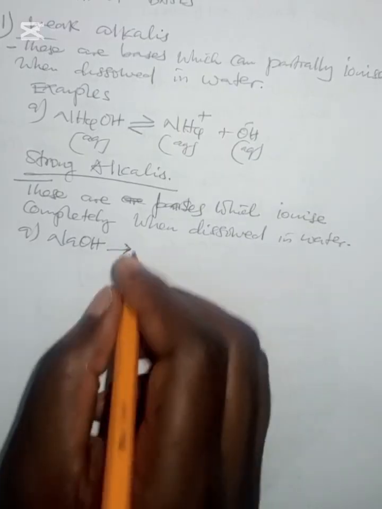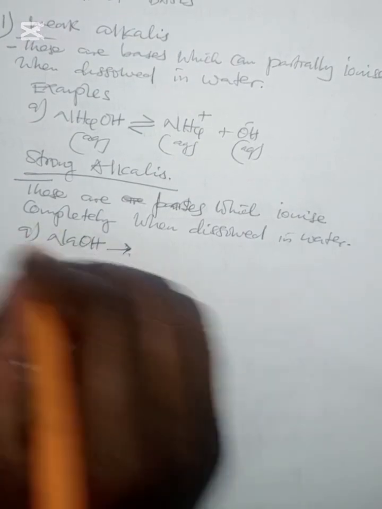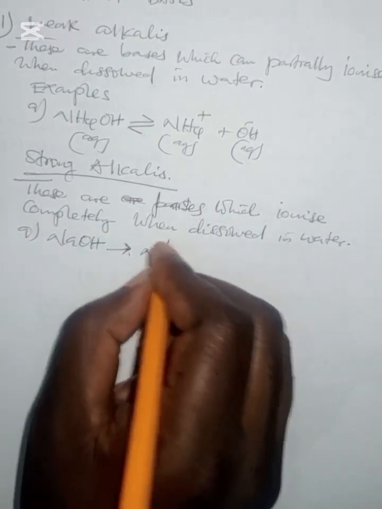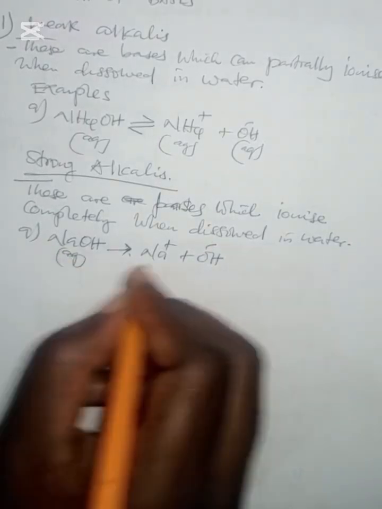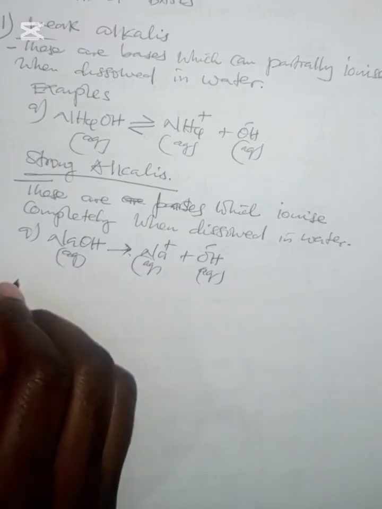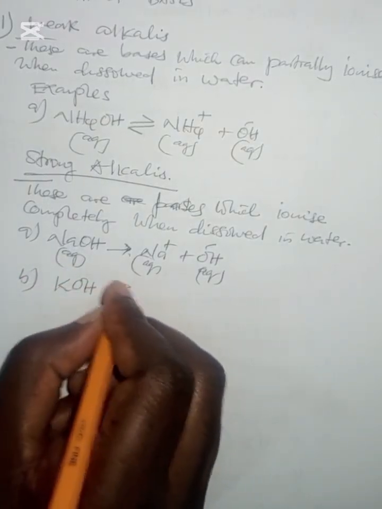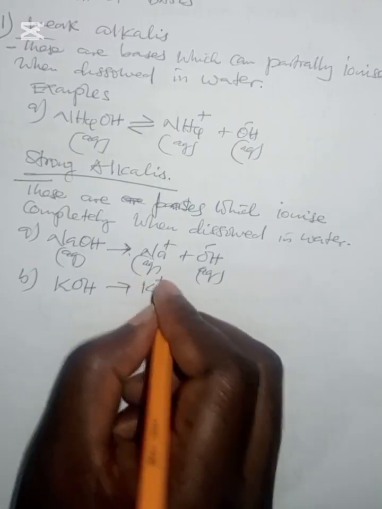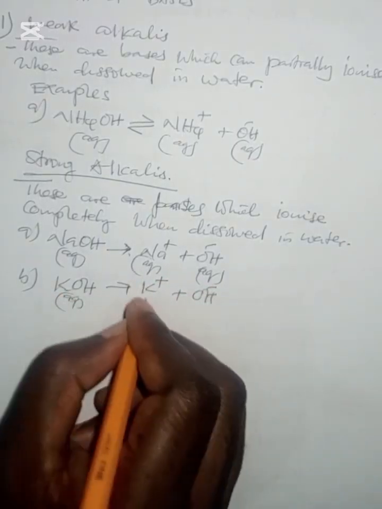So it's a full arrow as opposed to using half arrows. So we're going to have sodium plus hydroxide minus, both aqueous. And then you can also have potassium hydroxide, which is going to be potassium plus and OH minus, like that. All of them in aqueous phase.